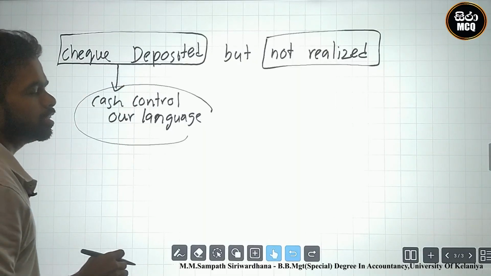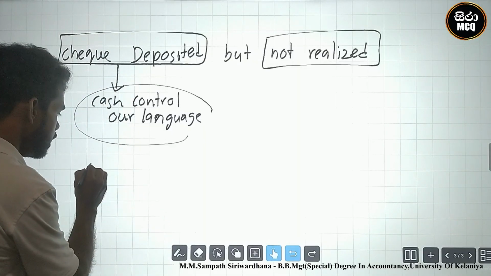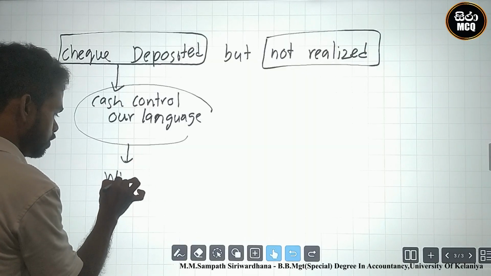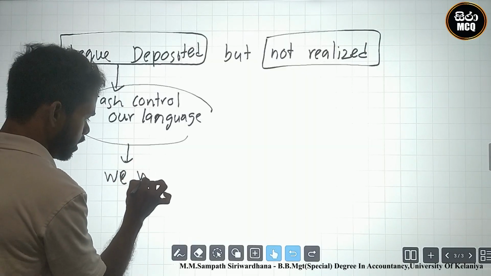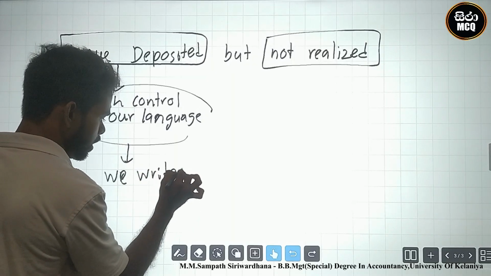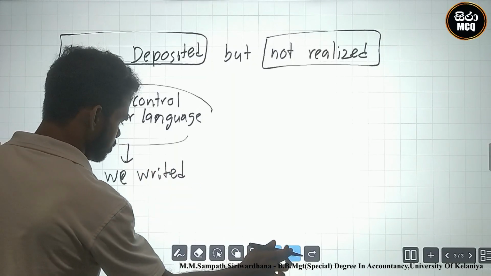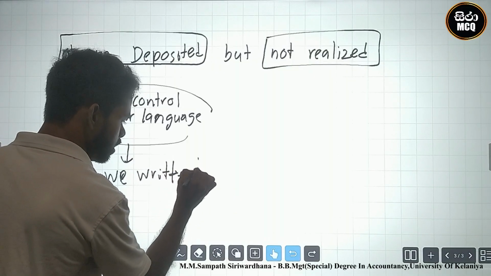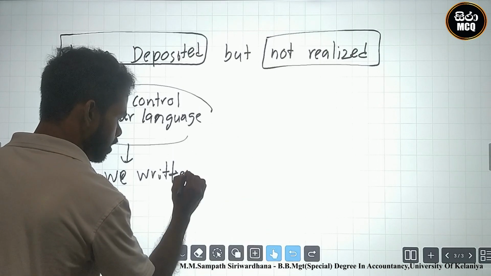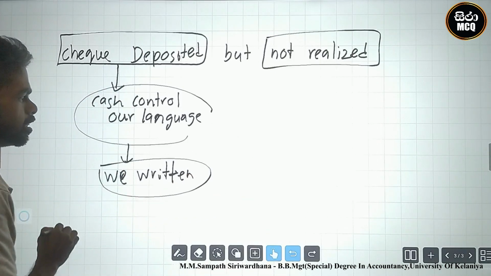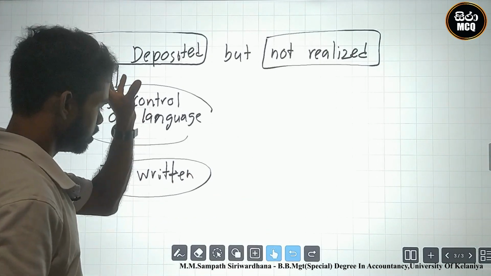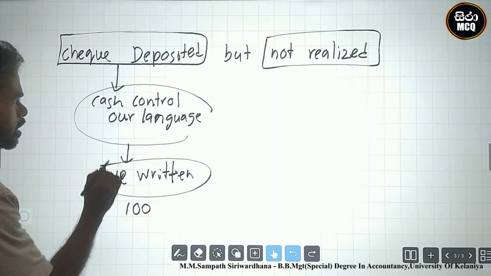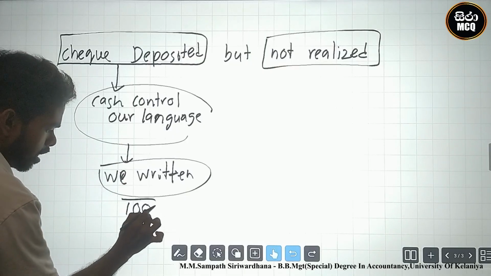Check deposited means we wrote these checks as deposited. Look here, for example, we write check deposit as 100.